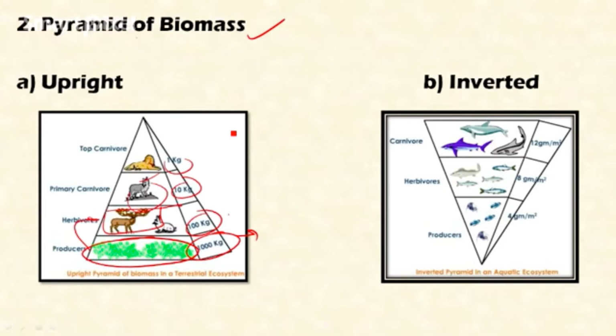Here an inverted pyramid of biomass can also be seen. It is seen in the aquatic ecosystem. Here, because in the aquatic ecosystem the phytoplanktons are more in number, but they are very small, and they do not have more weight when compared to the herbivores and carnivores.